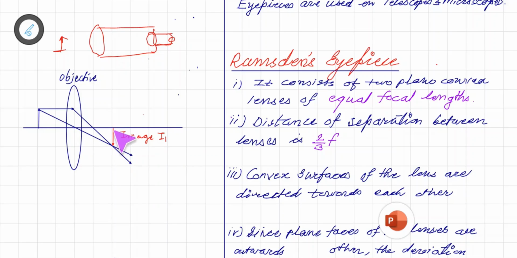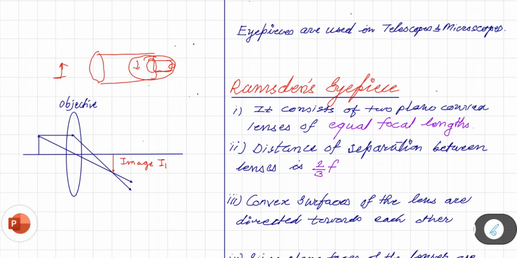Remember, this image is real and inverted, and this image is basically an object for our eyepiece. So this is the image formed by the objective, but later on it is an object for our eyepiece. Now before starting Ramsden's eyepiece, let us have a few basic concepts about an eyepiece.